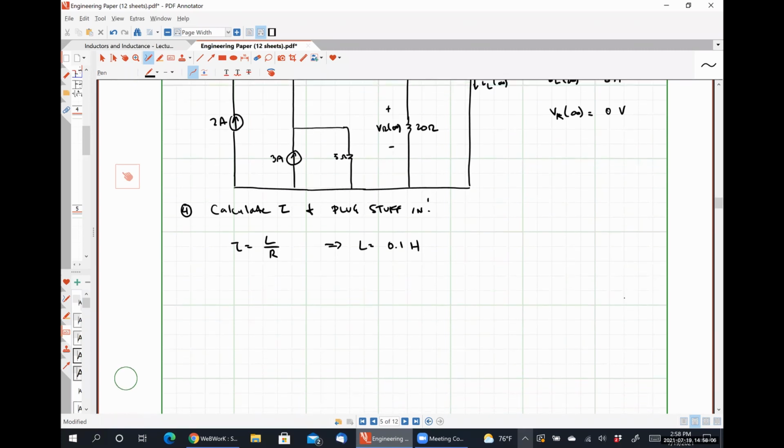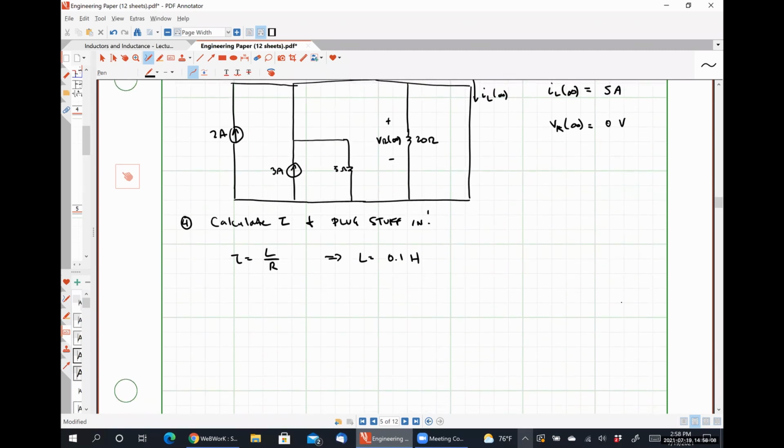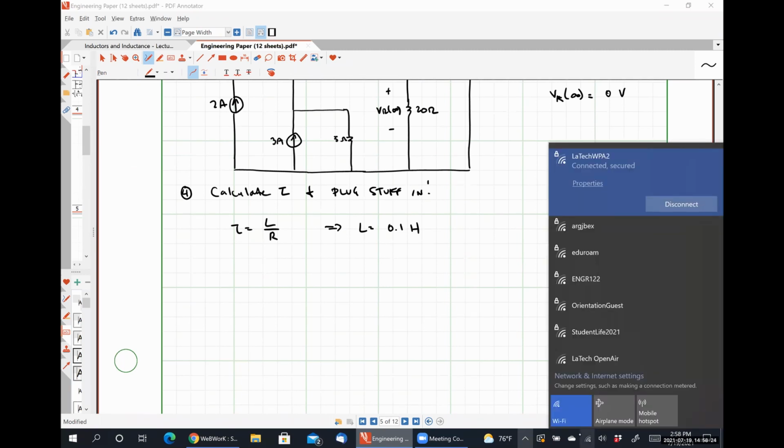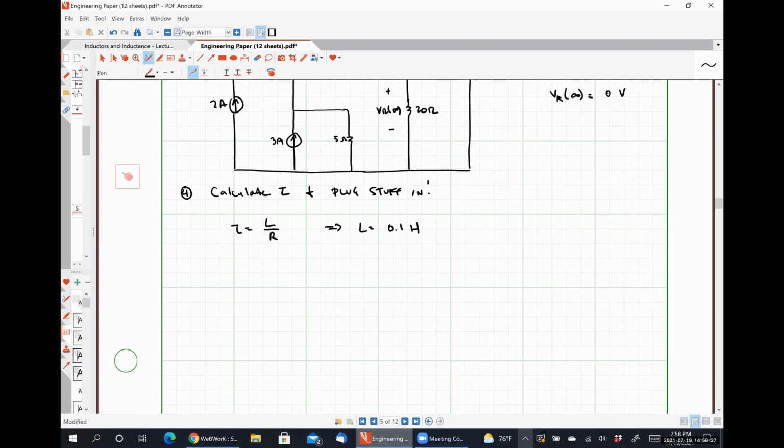Our resistance is a little bit tricky because we need to pay attention to what we're doing here, right? So we're determining the resistance during the transient condition by looking into the terminals of a dead network. So our dead network representation means that both of our current sources are turned off.